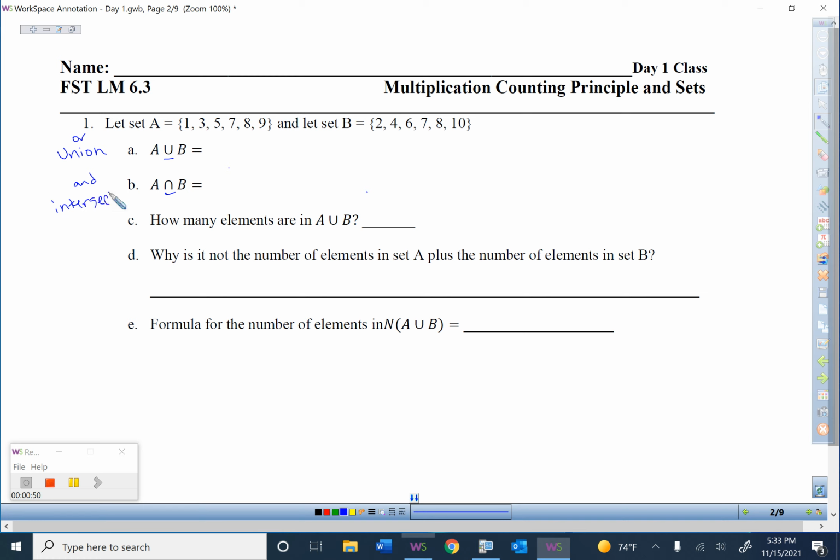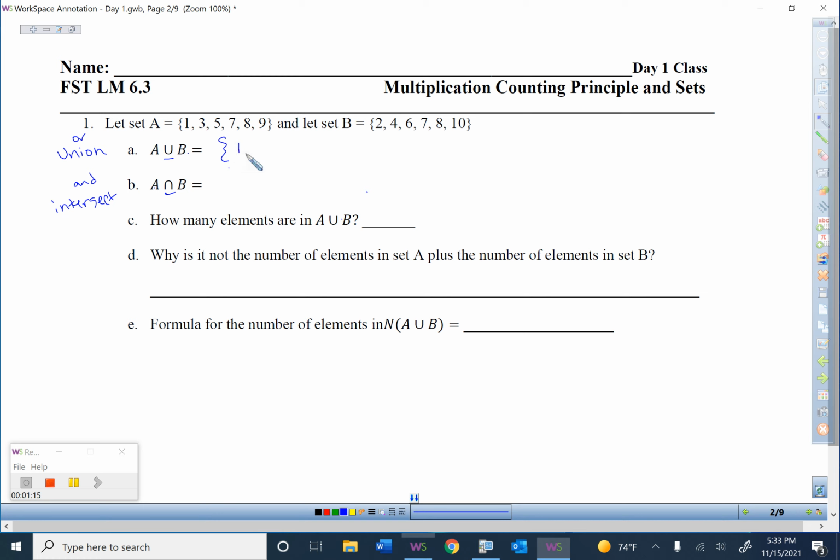So when we read this out loud, the first one says A union B, the second one says A intersect B. And what we're going to do for a union is just look for anything that is A or B, meaning listing all of the things in A, then combining them with all of the things in B without repeating ourselves, just like when we talk about domain of discrete sets.